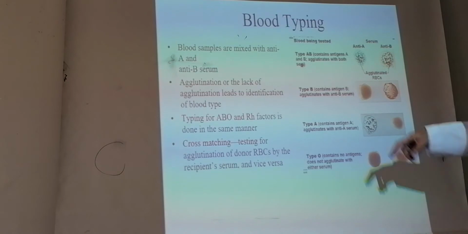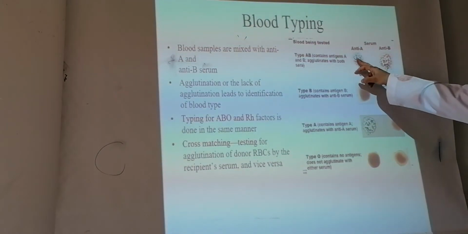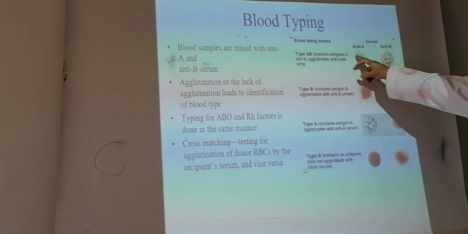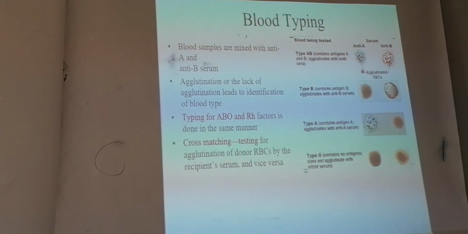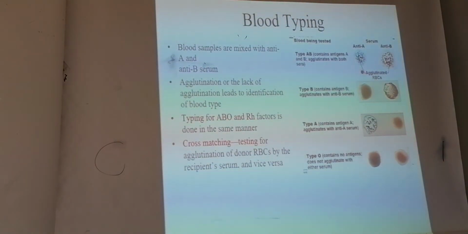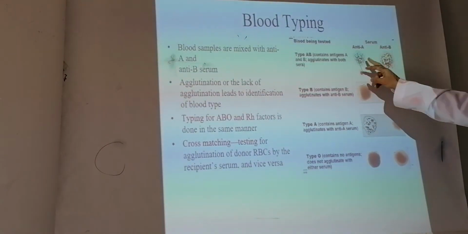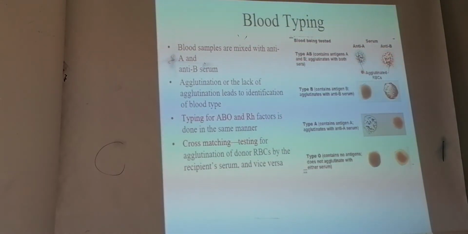So if we put anti-A and it gets agglutination, it is A. If it agglutinates with B, it is B. If it agglutinates with A and B, it is AB.